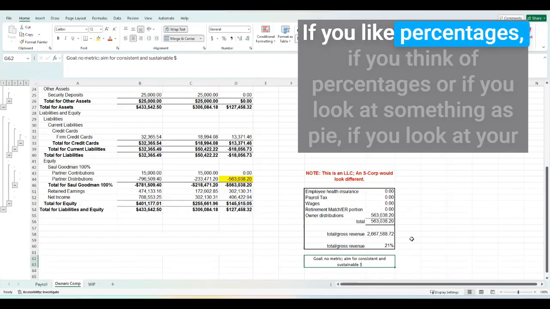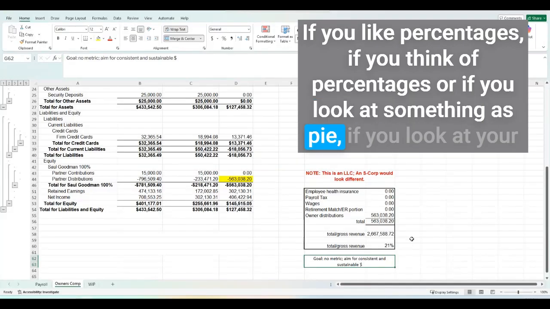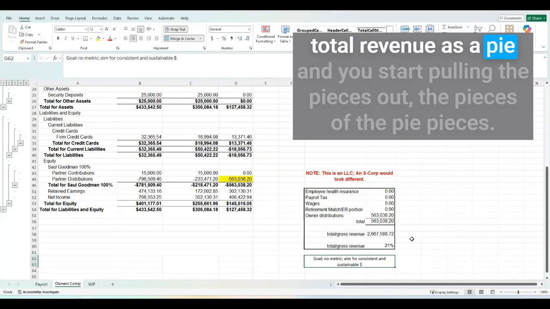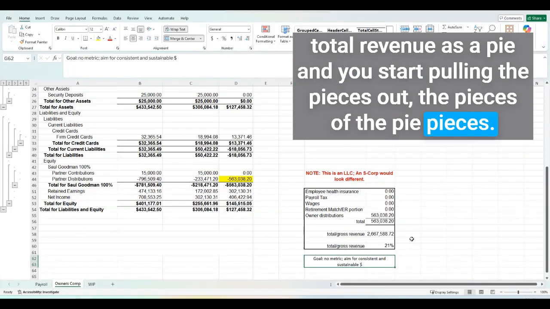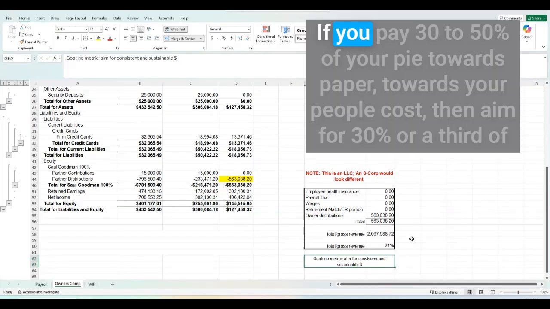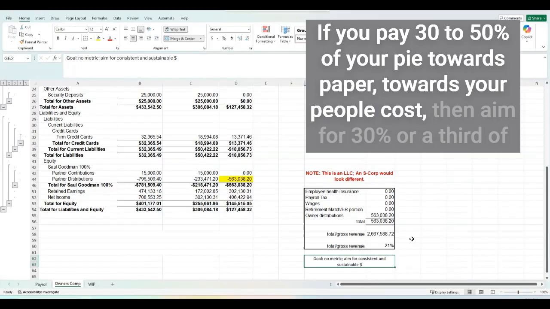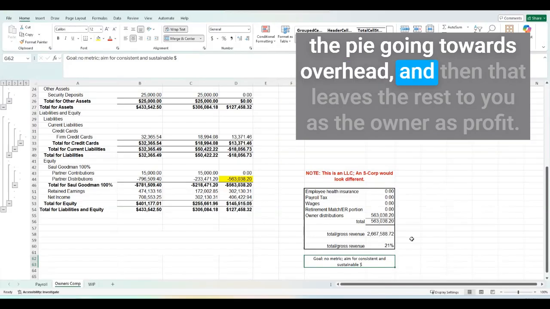If you think of percentages, if you look at your total revenue as a pie and you start pulling the pieces out, if you pay 30 to 50% of your pie towards your people cost, then aim for 30% or a third of the pie going towards overhead. And then that leaves the rest to you as the owner as profit.